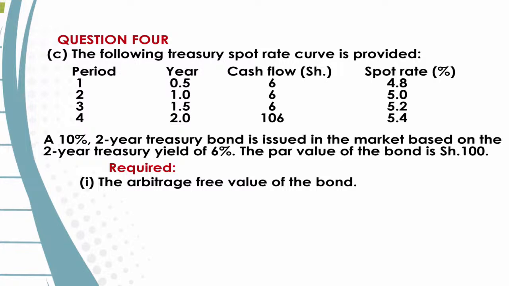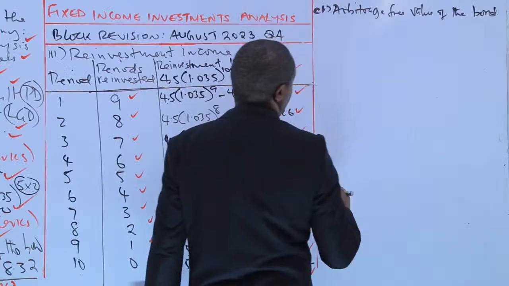A 10% two-year treasury bond is issued in the market on a 2-year treasury yield of 6%. The par value of the bond is 100 shillings. So first of all, let us put down the formula.